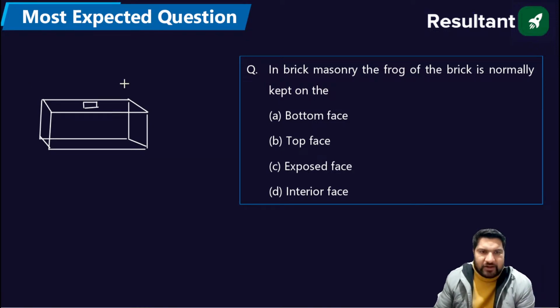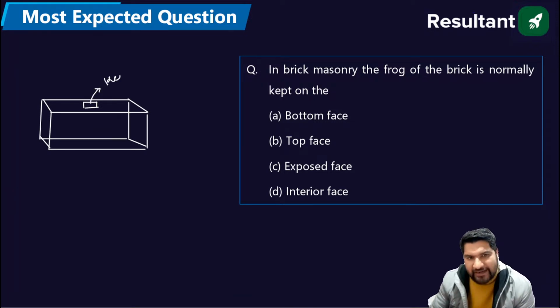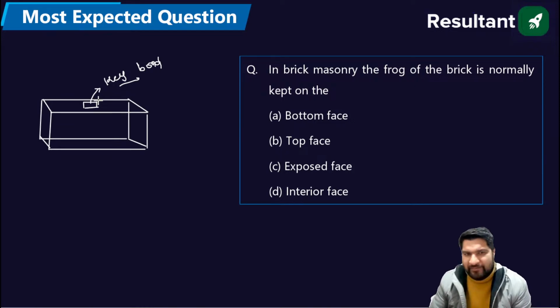The first and very important work is the key, that is the shear key or bond. The second work is it will represent the designer's name. It is usually present on the top face.